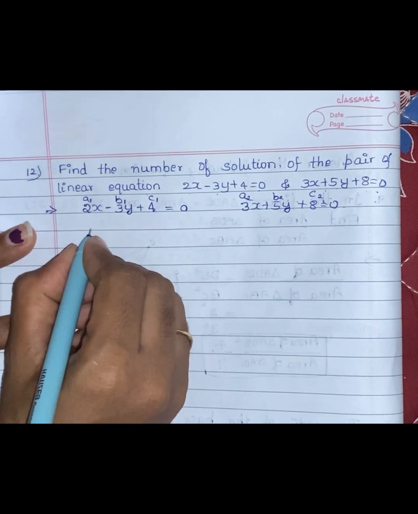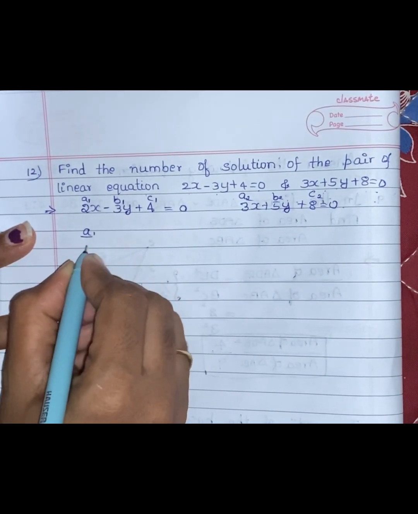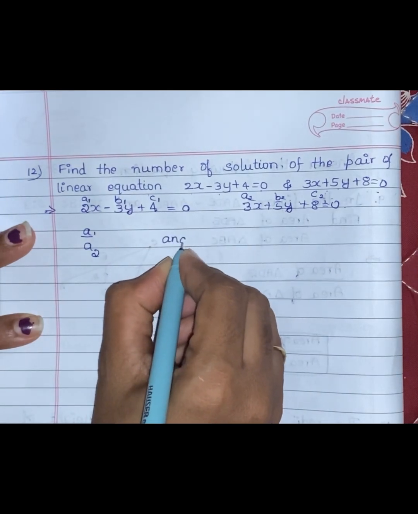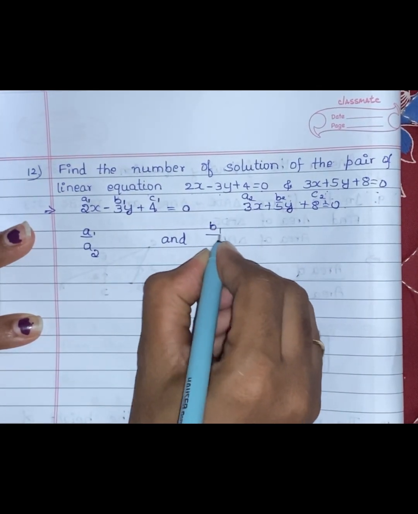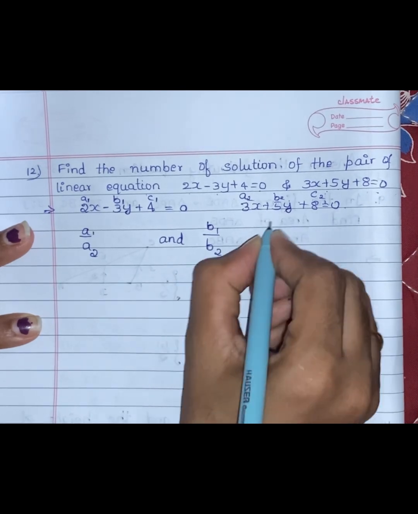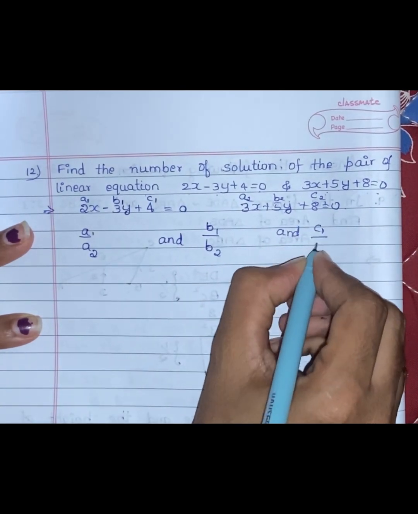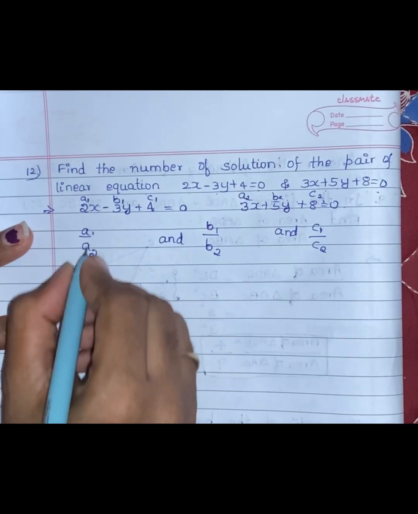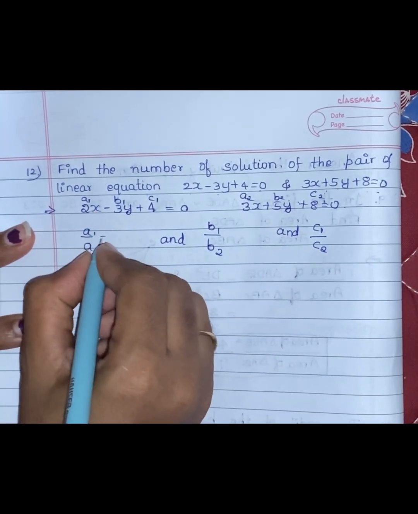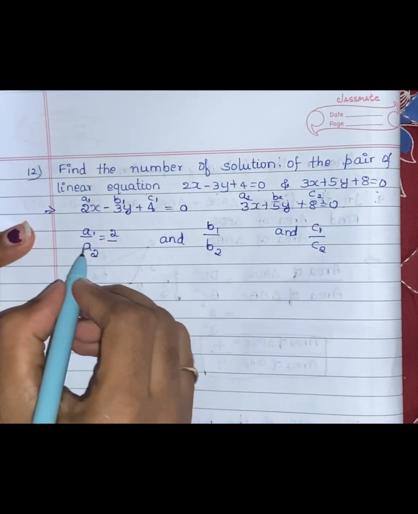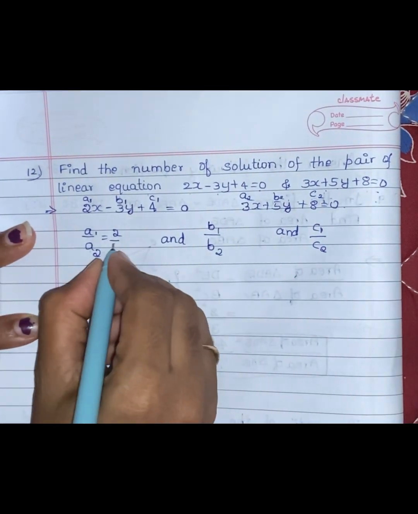Now the formula goes A1 by A2, B1 by B2 and C1 by C2. Okay, now A1 I'll just replace with the values, 2 by A2 is nothing but 3.